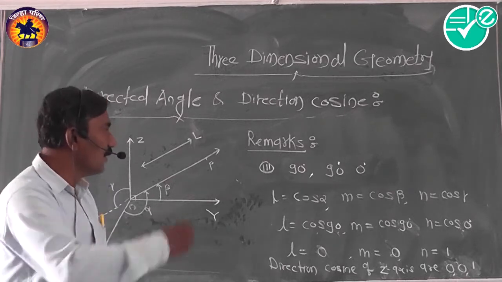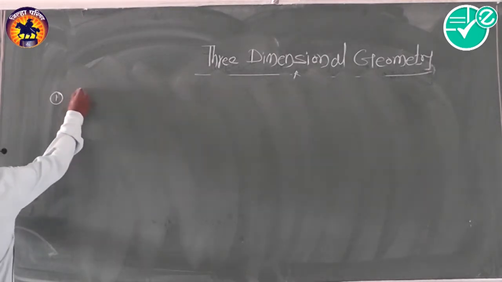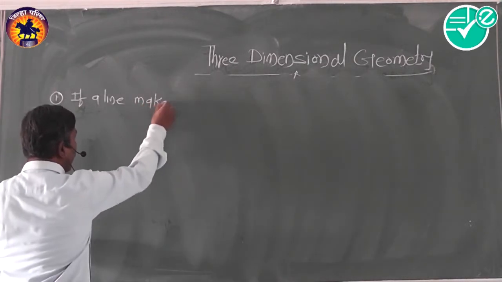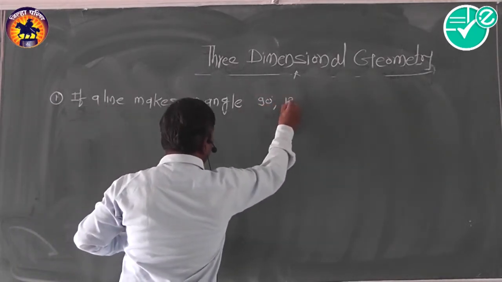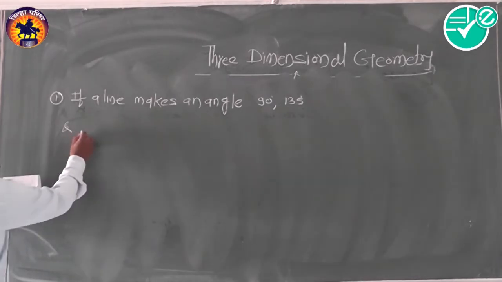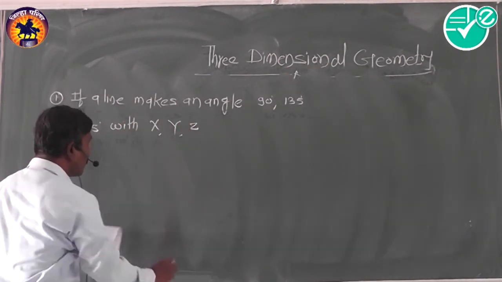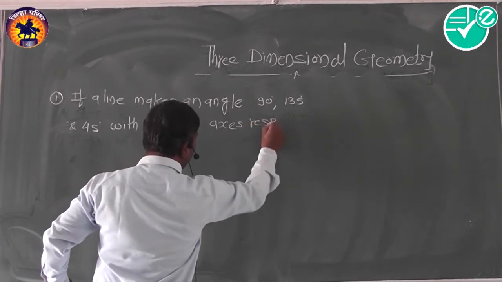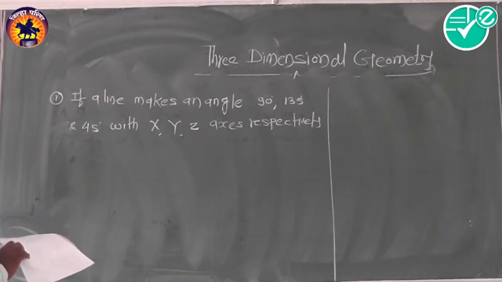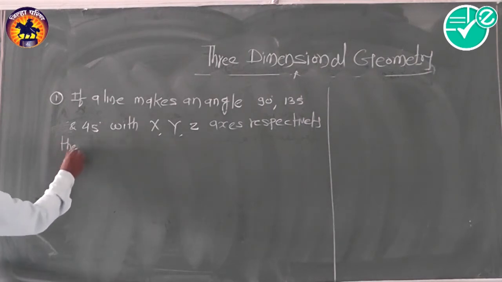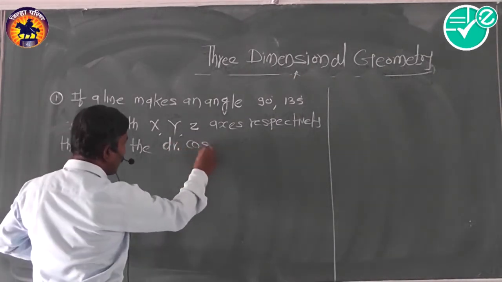First example: if a line makes angles 90 degrees, 135 degrees and 45 degrees with the x, y, z axes respectively, then find the direction cosines of the line.